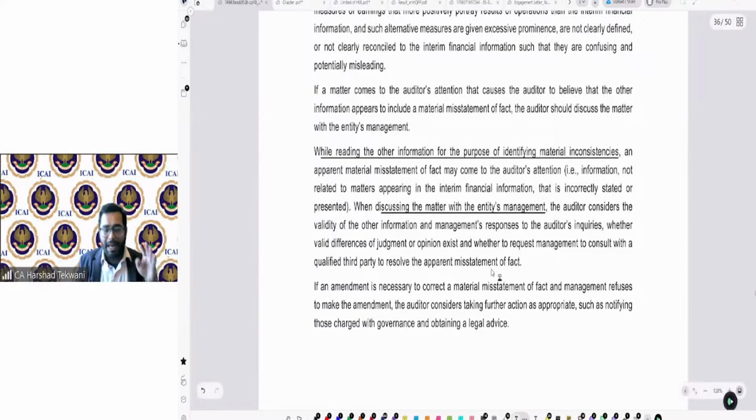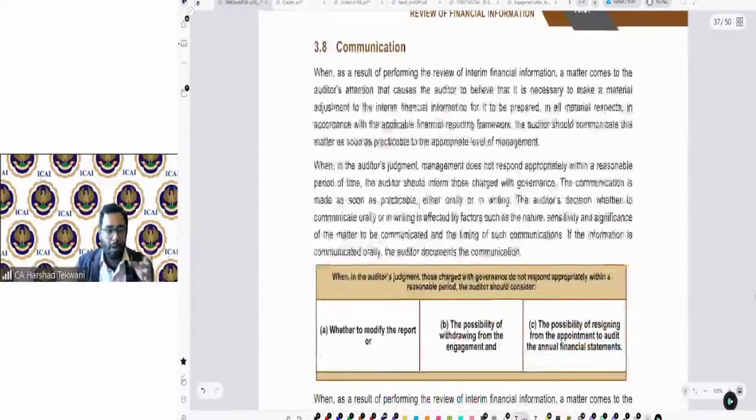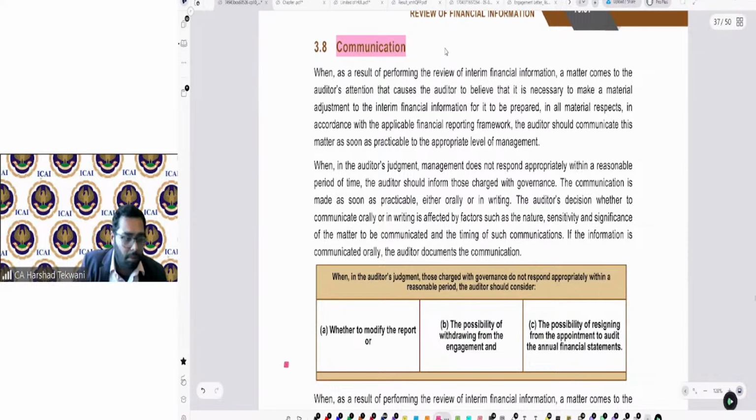On similar lines, we have in SRE 2400 and SA 720. Communication with those charged with governance and management, similar. There is no change compared to what we have seen in SA 260 and 265.